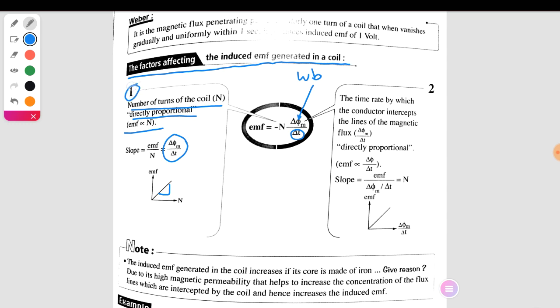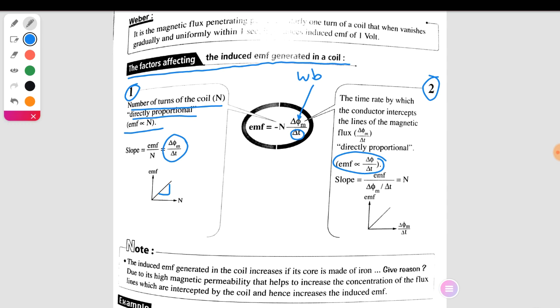The second factor is the time rate by which a conductor intercepts the lines of magnetic flux, delta phi M over delta T. Delta phi M over delta T is directly proportional to the induced EMF.